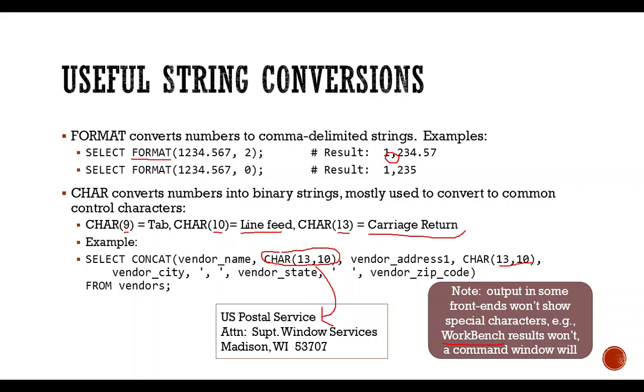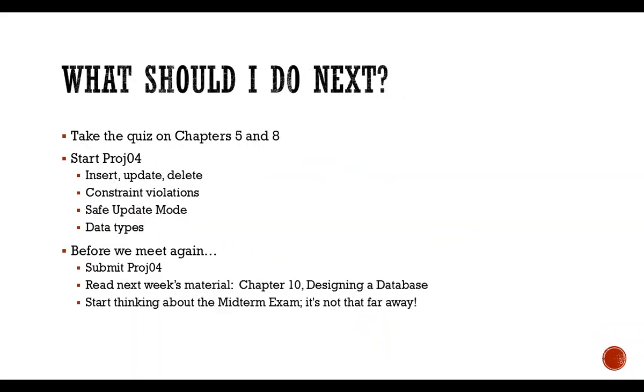At this point, if you're in class with me, there are some things that you might want to do next. There's some quizzes, there's some projects, and so you'll want to read your next chapters and be ready. We'll talk next about designing a database. This is a neat topic, an exciting topic, because we can actually get in and start learning how to create schema. How do we create a database?